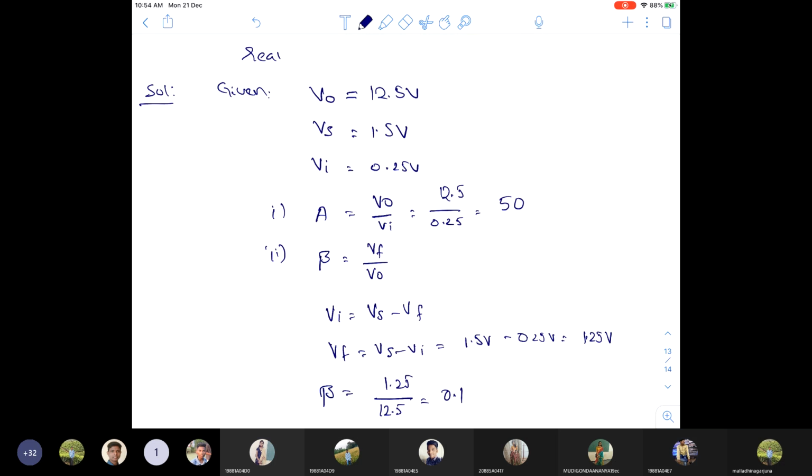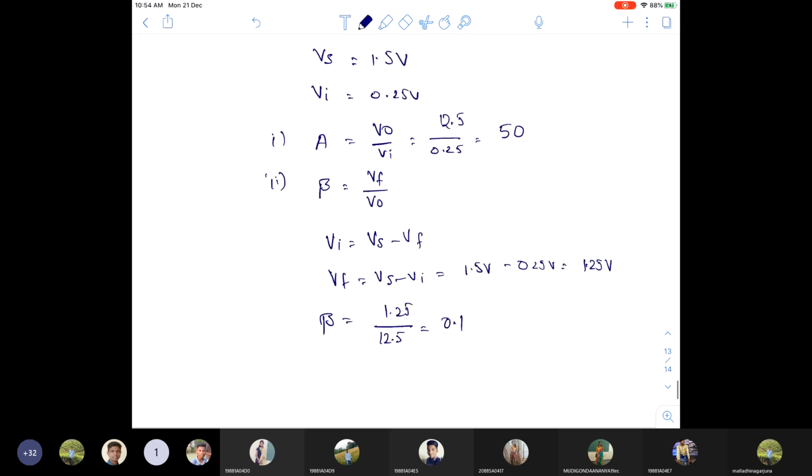This way you can calculate, and there is another way also. You know the A value, so you can calculate AF also. AF is equal to V naught by Vs, that is 12.5 divided by 1.5. 12.5 by 1.5 gives 8.33. Okay.